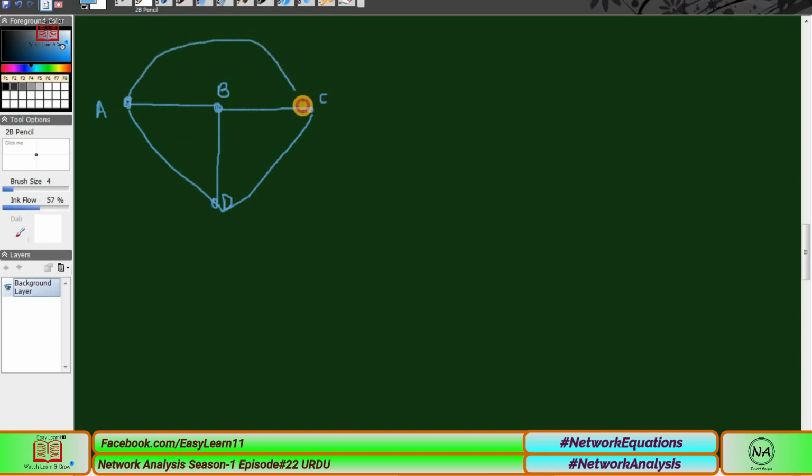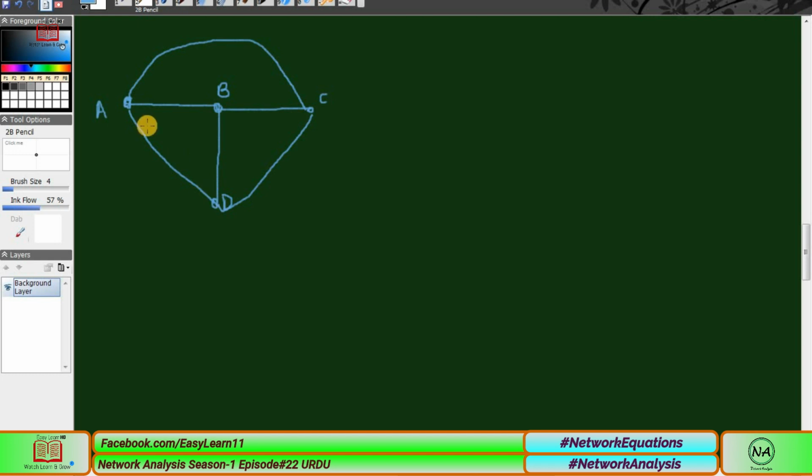We can also connect these two points. So A is connected with B, C, and D, and B is also connected with all of them. This is a unique and prescribed way to explain the different points.